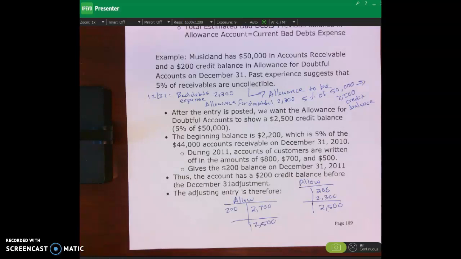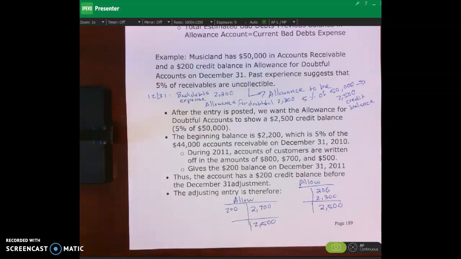So as time goes on and you haven't collected the money, it's less likely that you're going to collect the money, right? Just like if you lent money to a friend, and as time goes on, it's probably less likely that you're going to get paid.